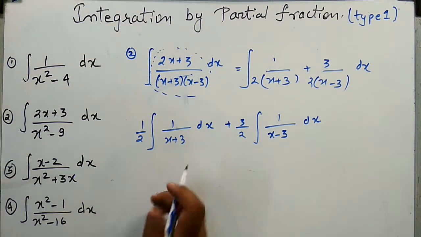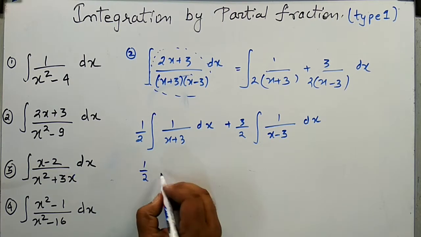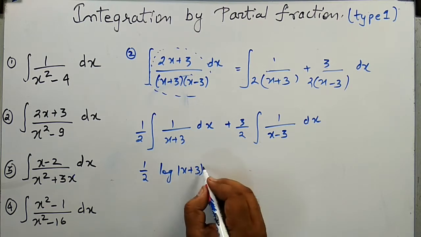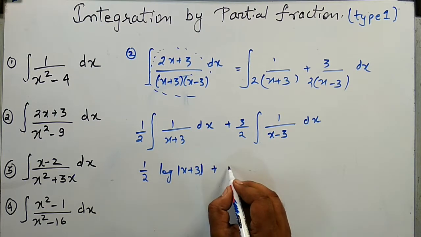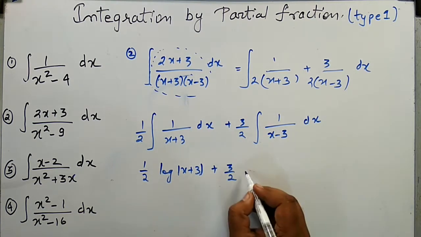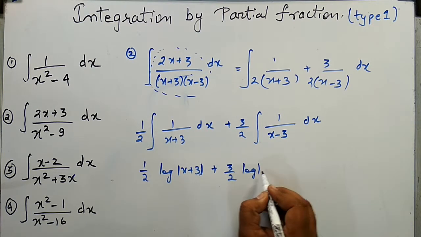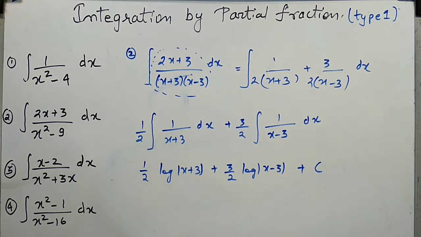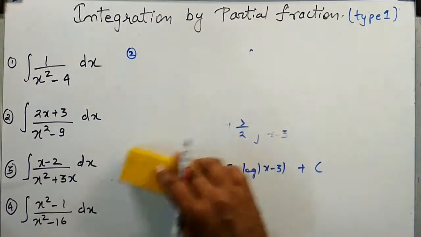So the integration of 1 by x plus 3 would be equal to log of mod x plus 3, plus 3 by 2 integration of this would be equal to log of mod x minus 3 plus c. So you can see here how quickly you can find the integration of such a function by the use of the partial fraction method.